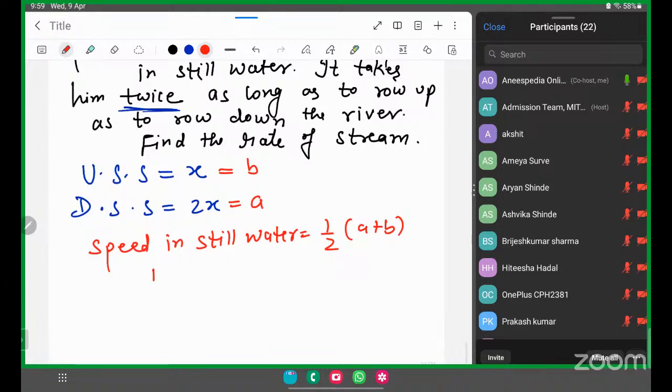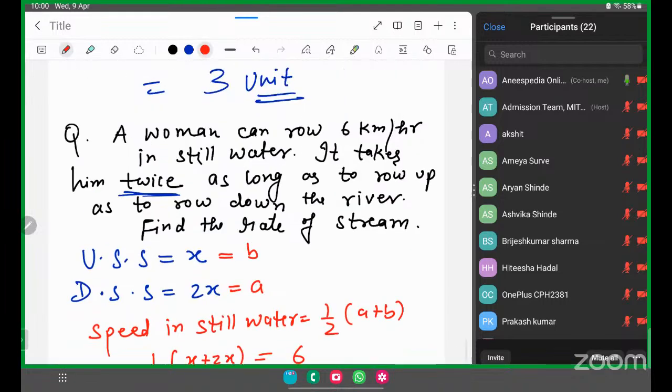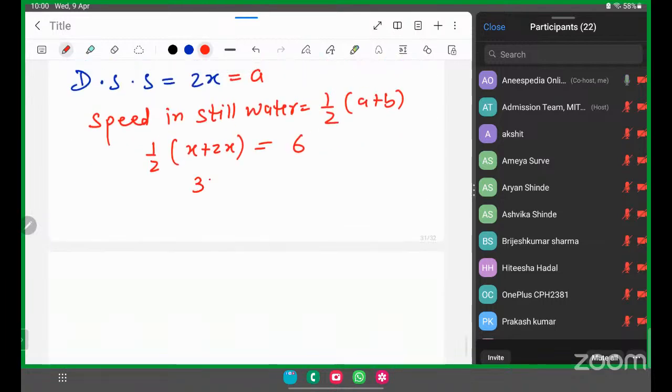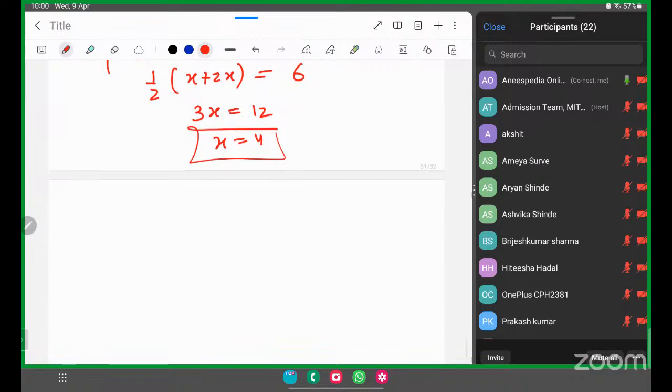So this will be half of x plus 2x, and speed in still water is given to us, that is 6. So this will be 3x is equal to 12 and x is equal to 4. Which means upstream speed is x, that is 4, and downstream speed is 2x, that is 8.